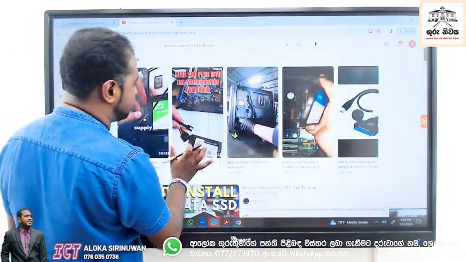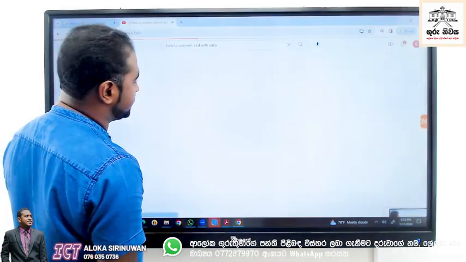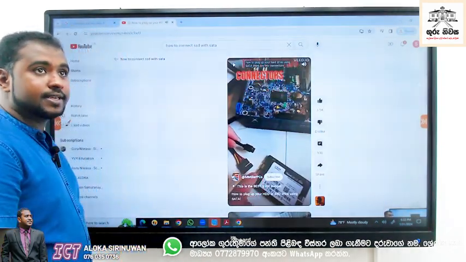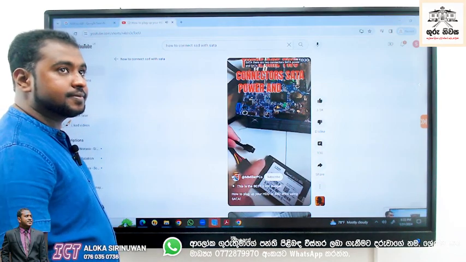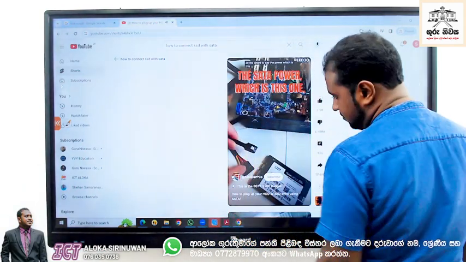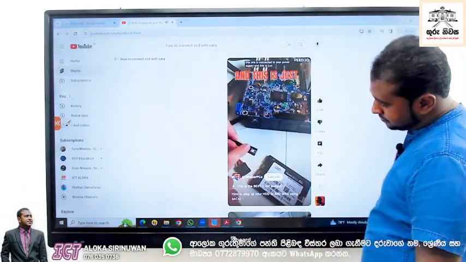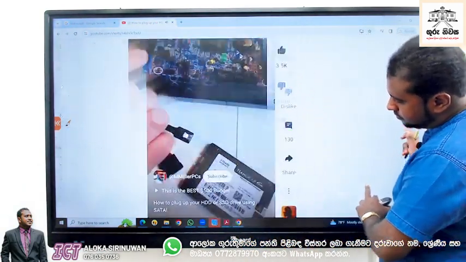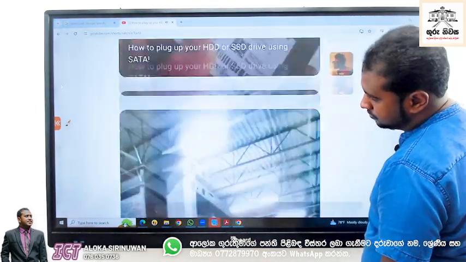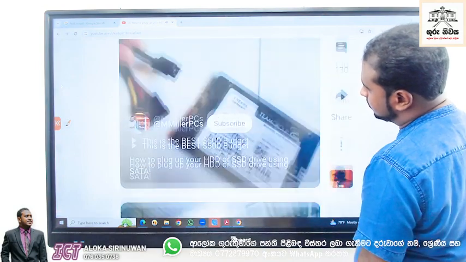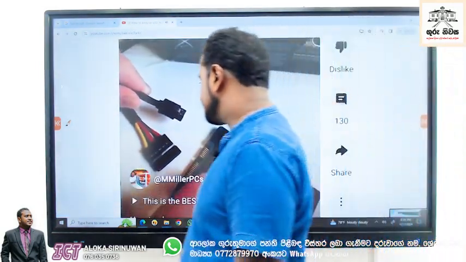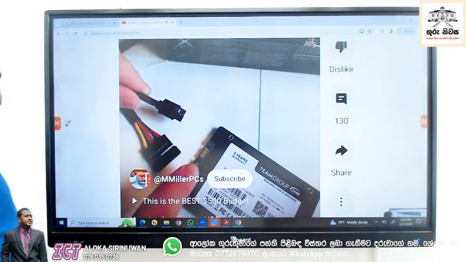I will show this short video for you. Let's plug in your hard drive. Can you see, everyone? Yes. Here's how you plug in your hard drive. There are two connectors.